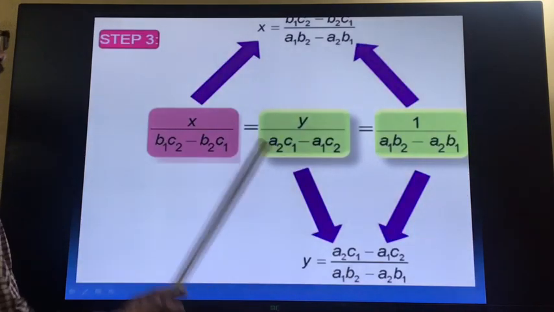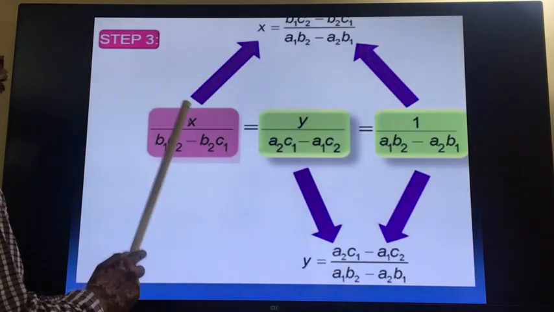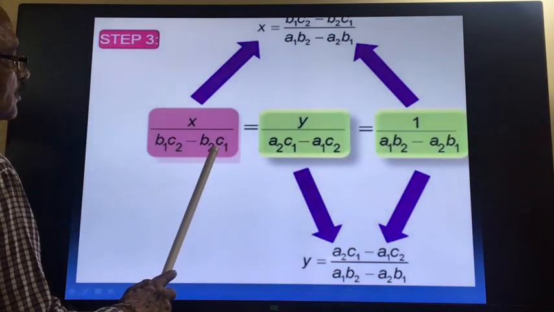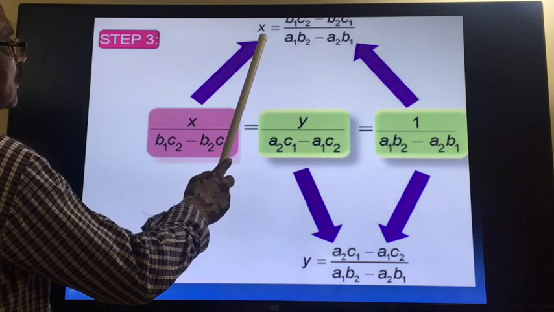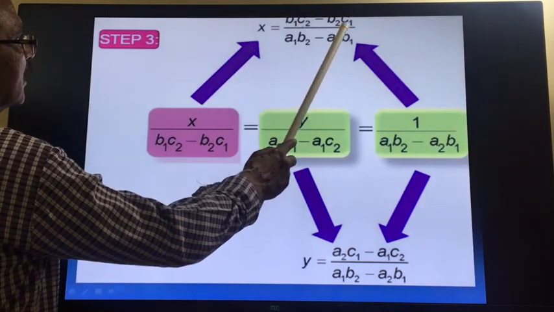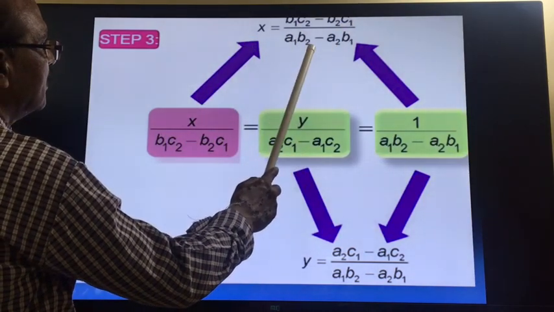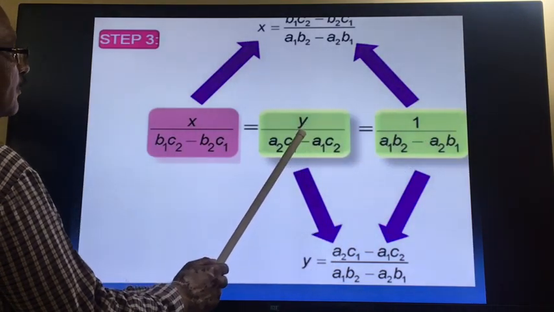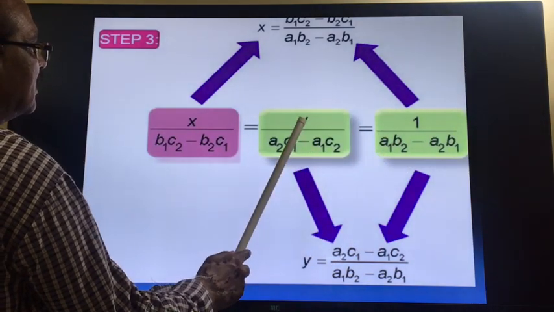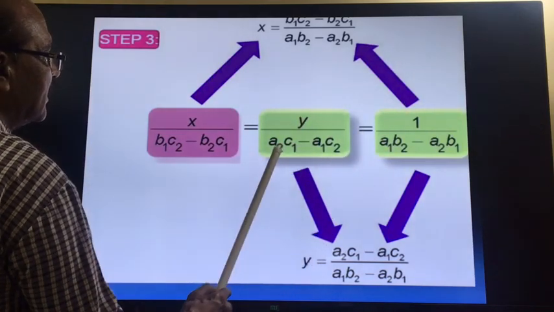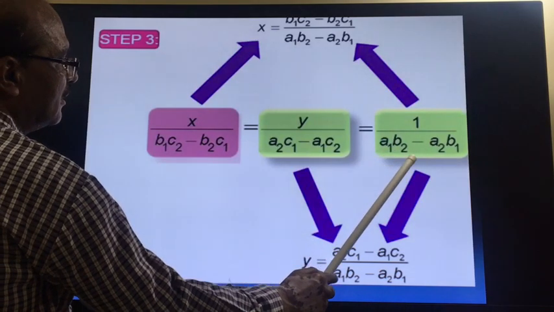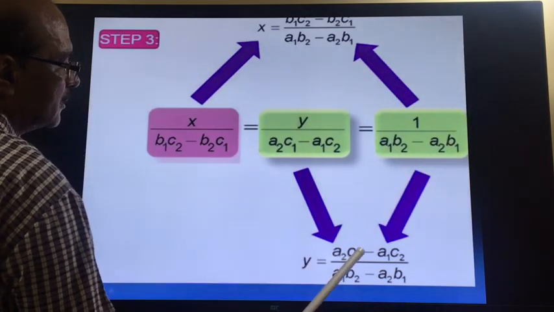So x is equal to b1 c2 minus b2 c1 upon a1 b2 minus a2 b1. Now the second time we put this and this equal, so y is equal to a2 c1 minus a1 c2 upon a1 b2 minus a2 b1.